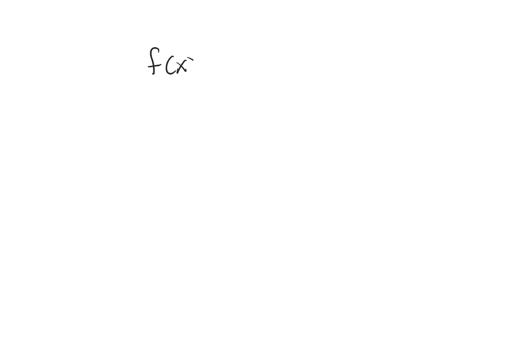So if I have f of x equals the square root of 2x plus 5, what we have to do is look at what the restrictions are for that type of function. Well, I know I cannot take the square root of a negative, but I can do the square root of 0, and I can do the square root of positives.